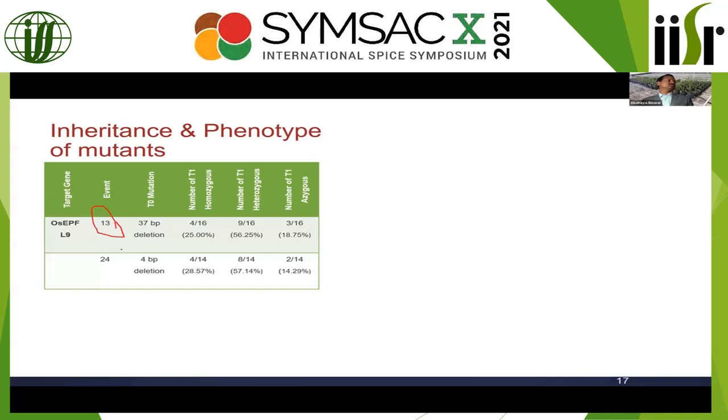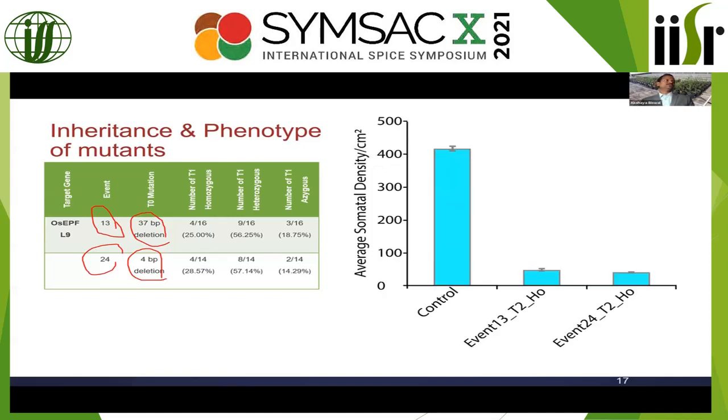We grew a few plants, and you can see it had a Mendelian segregation in T1, but in T2, when we moved the homozygous plants, all of the plants were mutants in the T2 generation. Then we counted the stomatal density, and you can see in this picture, there was at least about an 8-fold decrease in the stomatal density.